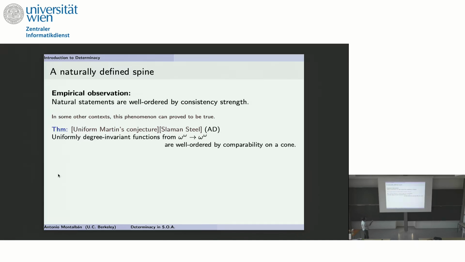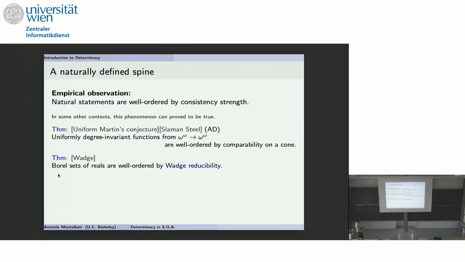For instance, the uniform Martin conjecture, which was proved by Slaman and Steel, says that if you consider certain types of functions, Turing degree invariant functions from the reals to the reals that are uniformly degree invariant, then they are well ordered under comparability on a cone, and there is some way of saying these two things are kind of similar. So in some settings, this empirical observation has some mathematical footing.